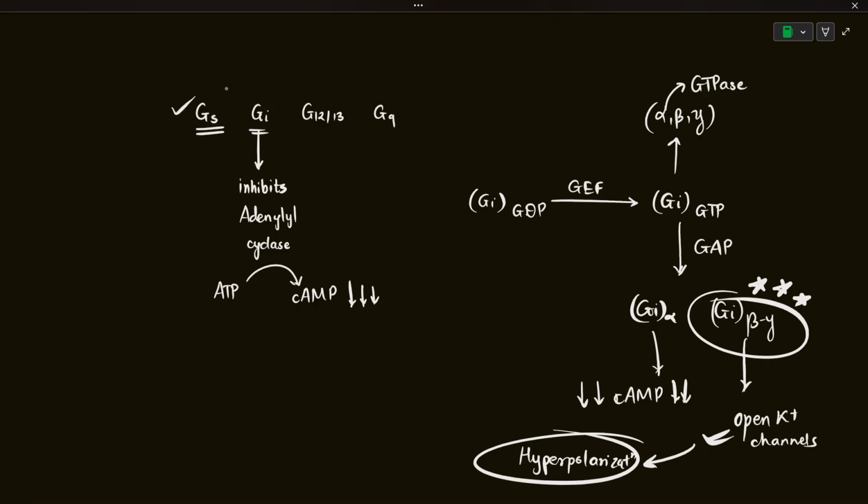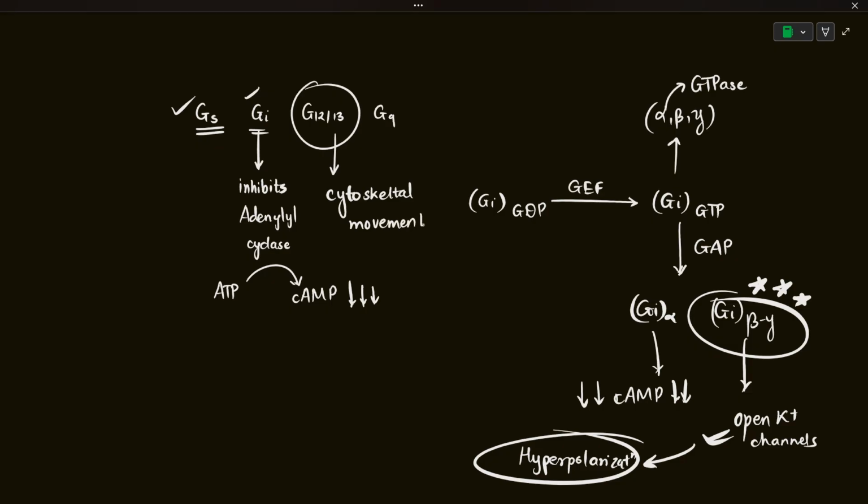So I explained GS and GI signaling. We do not need to go into details of G12 and G13 signaling, but just for your information, as extra information, know that G12 and G13 are those proteins that, when those types of GPCRs are activated, result in cytoskeleton movements.